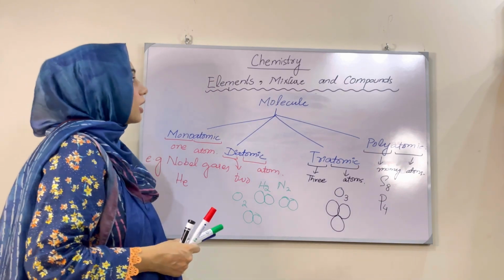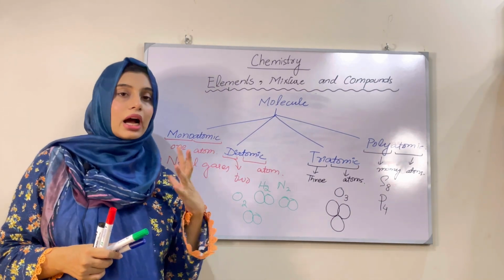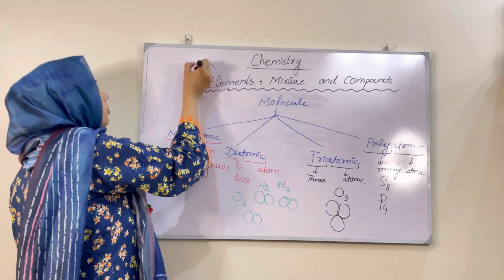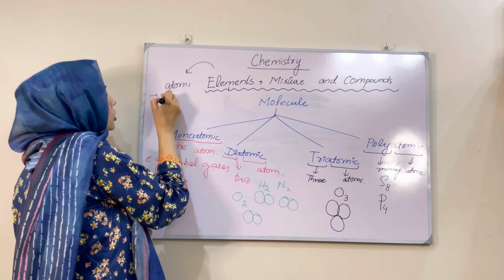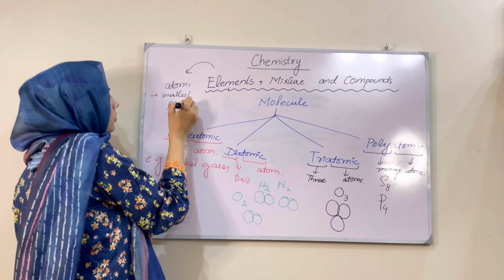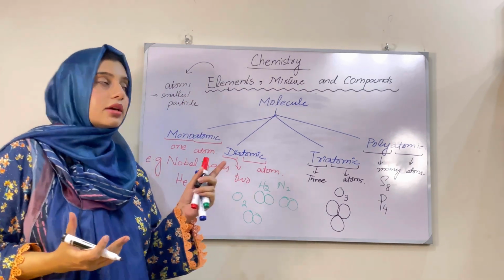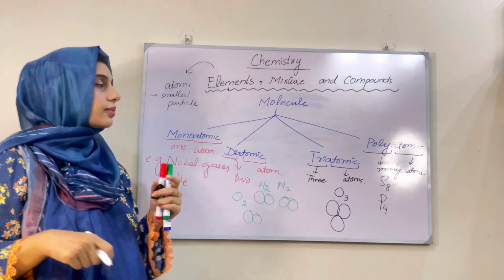Then we studied that elements are made up of atoms. An atom is the smallest particle. It has the same symbol as the element and it has all the characteristics that the element has.